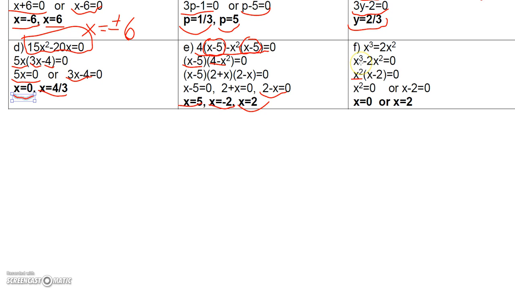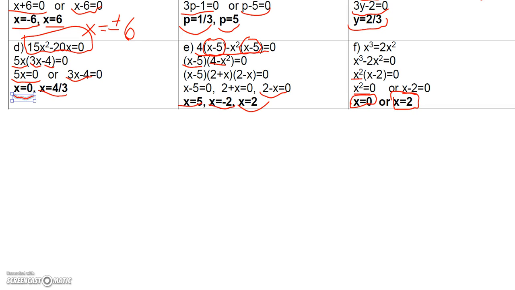Factoring x squared out of x cubed, I get x, and factoring x squared out of minus 2x squared, I get minus 2. So this factors into x squared times x minus 2 equals 0. The only number squared that gives 0 is 0, so x equals 0. And to solve x minus 2 equals 0, add 2 to both sides, and you get x equals 2.